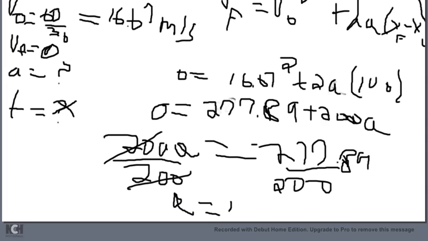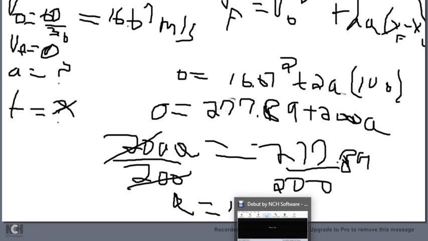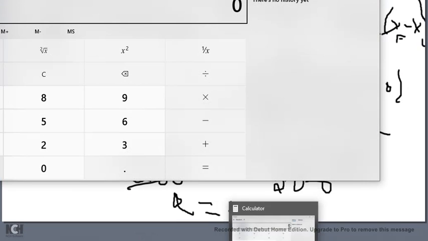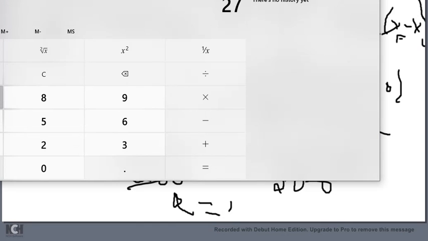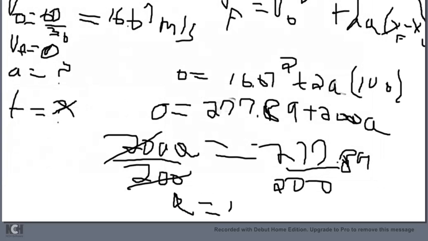Half of 77 is 38, 36.5, half of this is 0.49. Somebody's going to freak out, so I might as well just do the calculator. Keep you happy. 277.89 divided by 2 equals, notice that should have been 200, so that answer becomes 1.3, and I didn't catch that one sign.